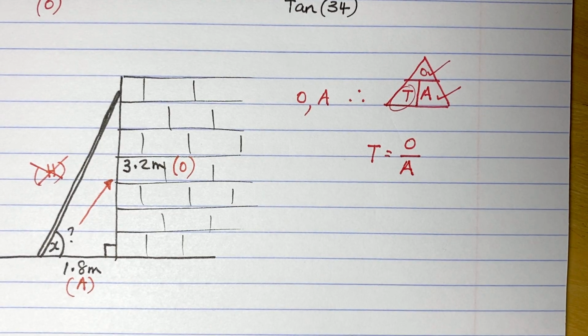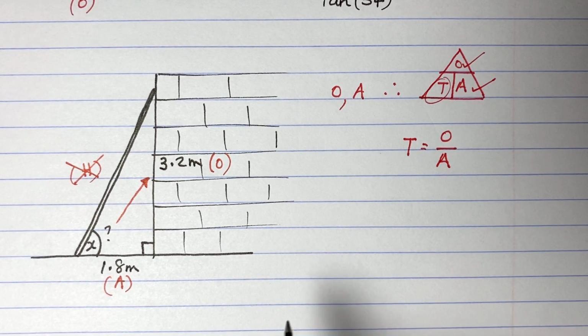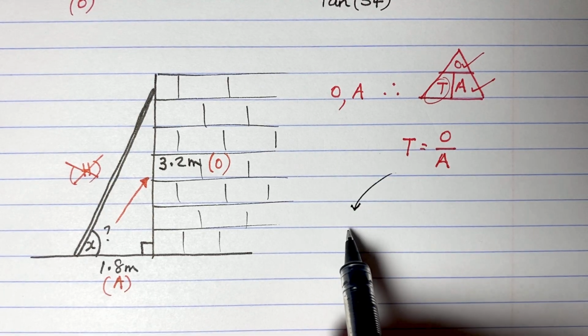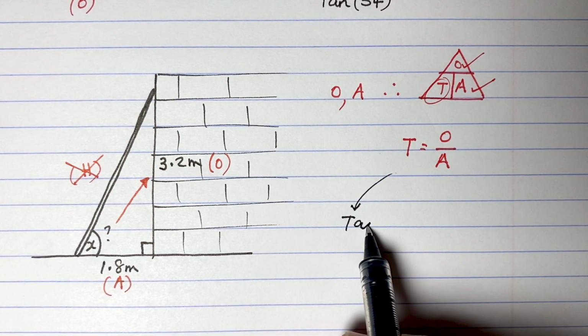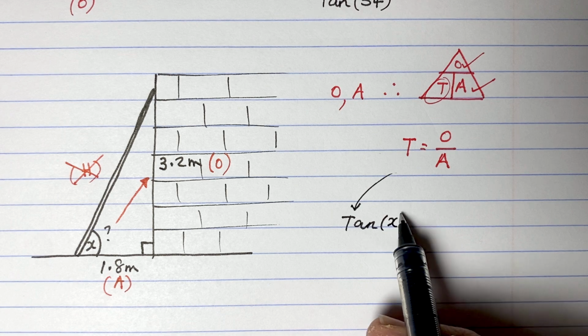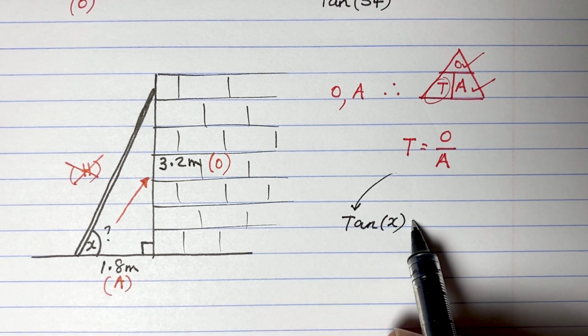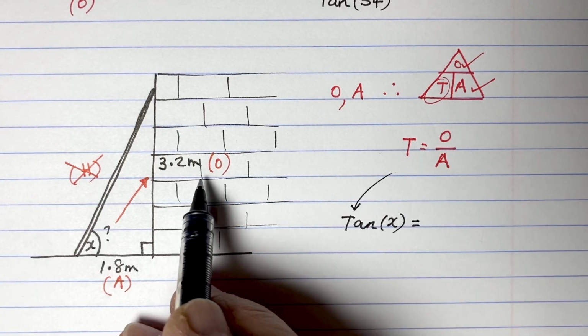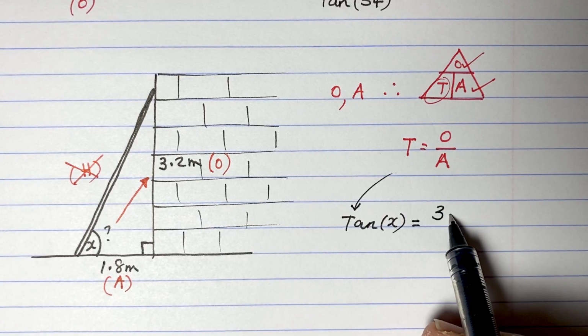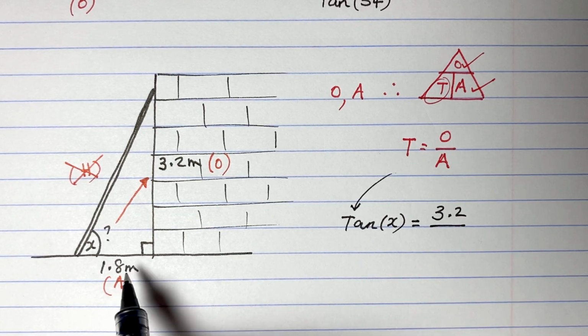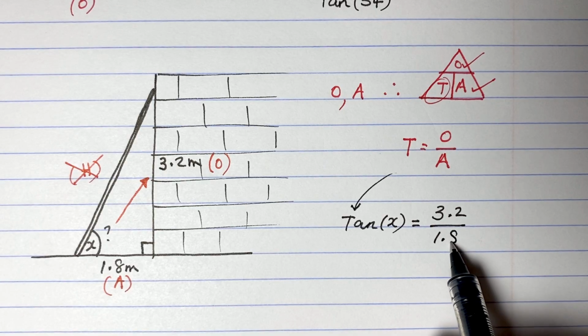So let's go and replace now. T means the tan or tangent of the required angle, which will be labeled as X. It could be labeled as any letter. O is 3.2 and A is 1.8.